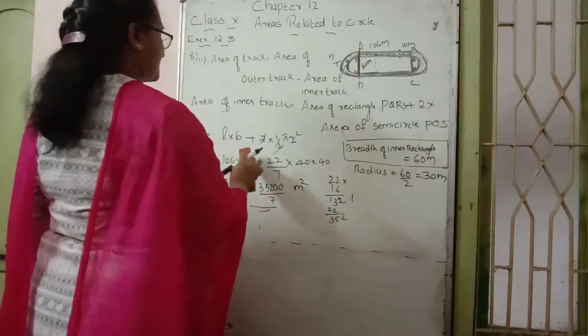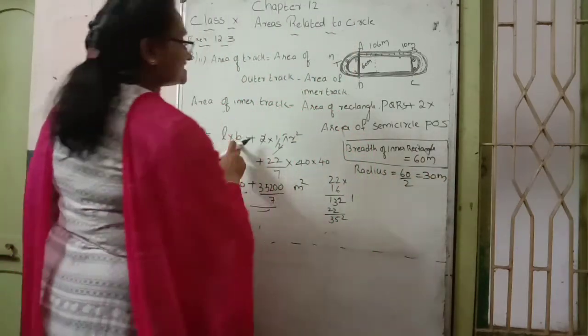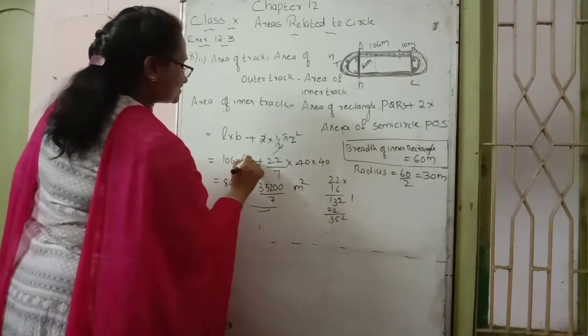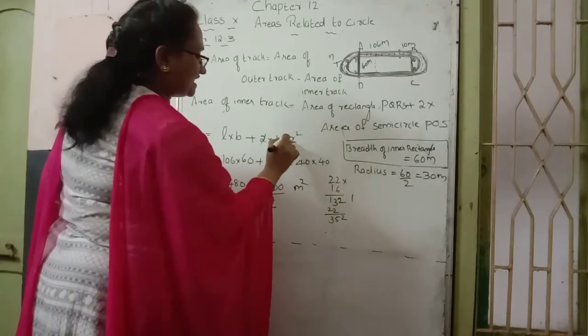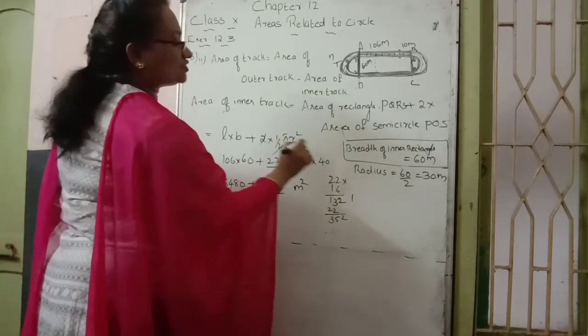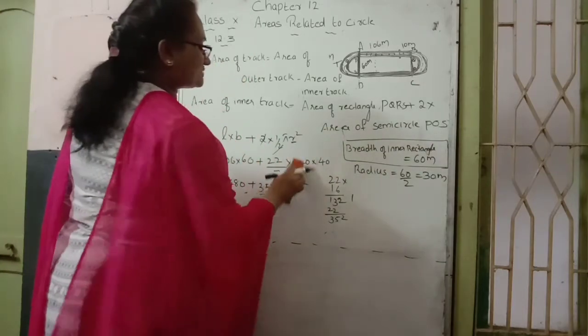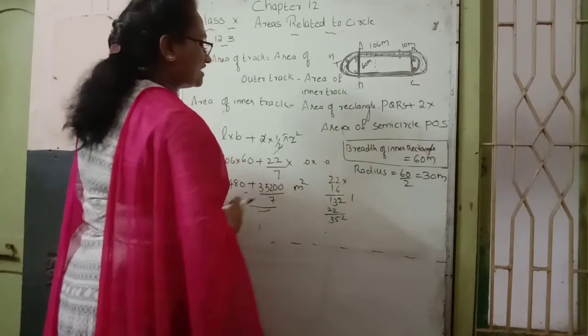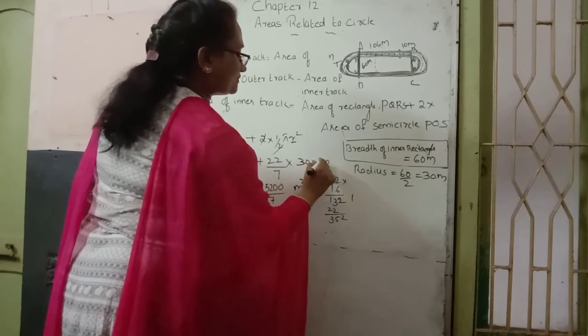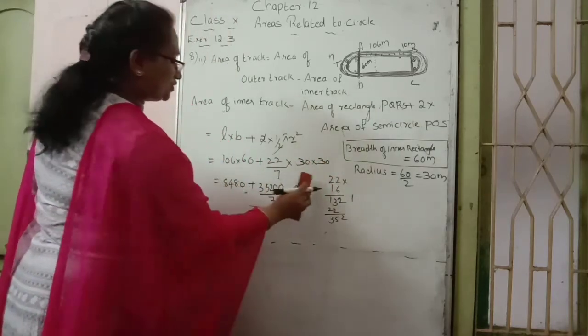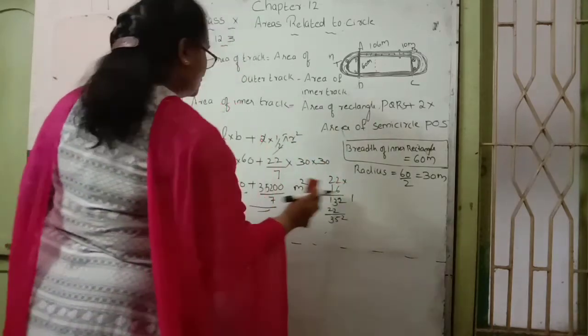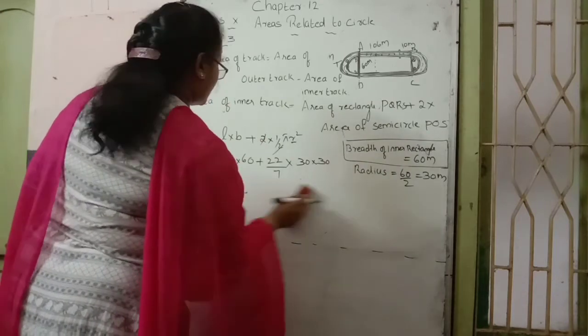So here we can write the breadth as 60 plus 22 by 7 into r, and for r which value do we substitute? 30 we want to substitute. So 30 into 30. Calculation time. Here how much will we get?